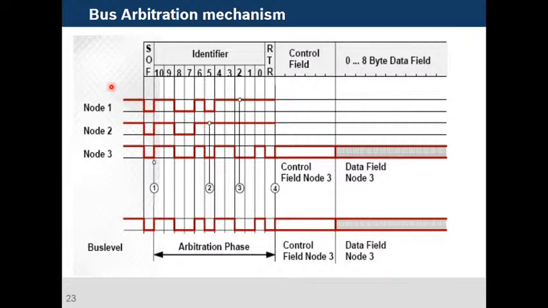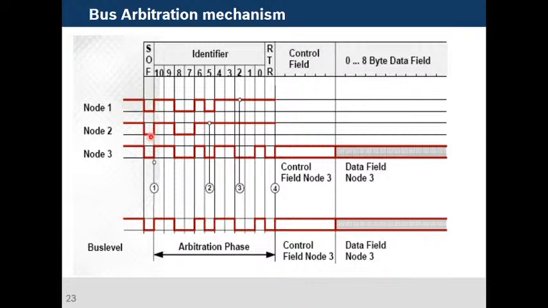Because if multiple nodes are connected on the same bus and transmit data at the same time, the data will collapse without arbitration. But luckily CAN has an arbitration concept. So even if all the nodes transmit at the same time, based on the priority, arbitration is involved and only one node will win and occupy the bus.